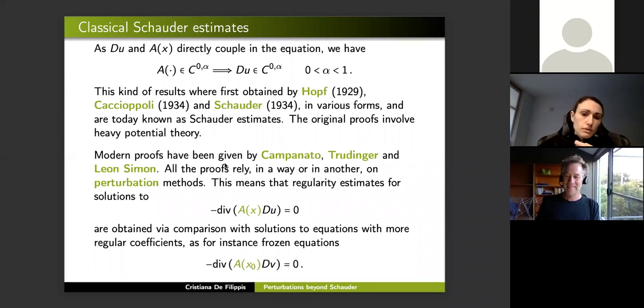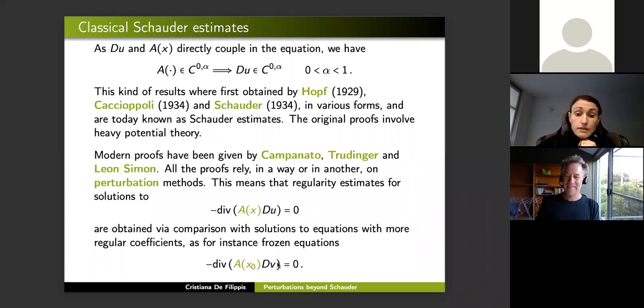This was provided by Campanato, Trudinger, and Leon Simon. And the point here is that by exploiting this kind of oscillation, it is possible to estimate the distance in average of those two functions. And solutions to the frozen equations have homogeneous reference estimates, which means good regularity properties.